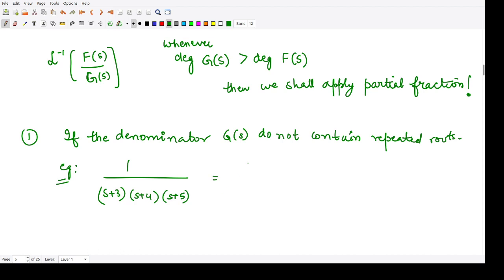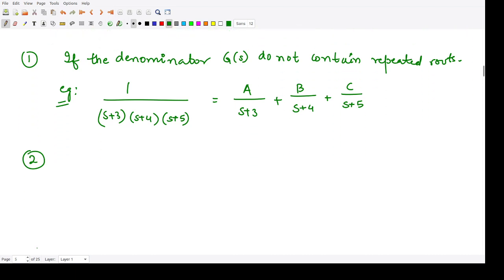It would be written like this: a divided by s plus 3 plus b divided by s plus 4 plus c divided by s plus 5. So this is the rule for how you can calculate these coefficients. You equate these two, you substitute different values of s, and you could obtain the values of a, b, c. This would just separate out the expression into the sum of these three expressions.